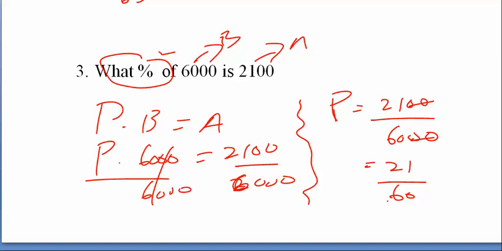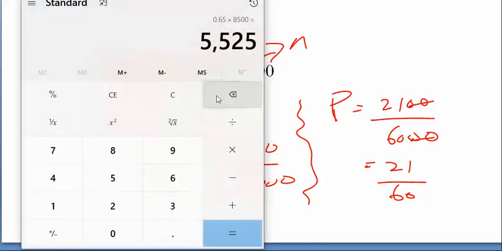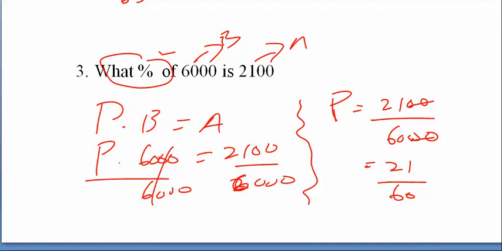If we put that in our calculator, it says 21 divided by 60 is equal to 0.35. But we know that 0.35 is the same as 35%. So P is equal to 0.35 or 35%.